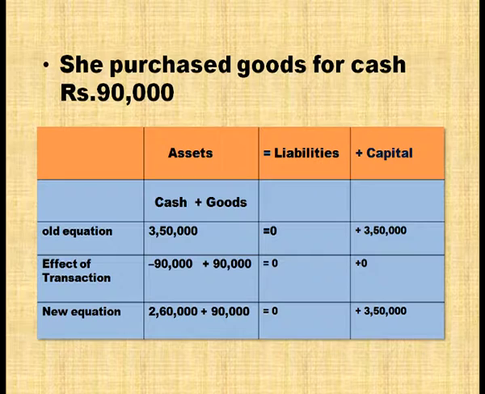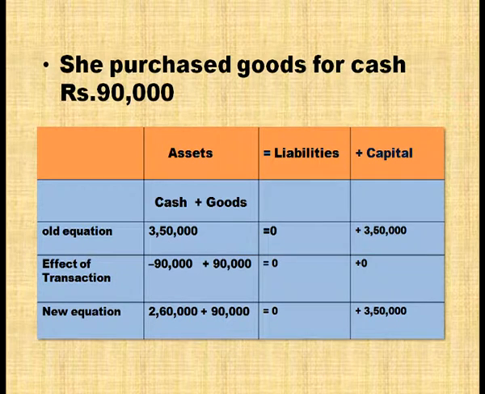She purchased goods for cash, rupees 90,000. So, in the asset side, you can open one more column for goods. In the goods column, you have to add 90,000. When goods are purchased, cash is going from the business. So, in the cash column, you have to deduct 90,000.